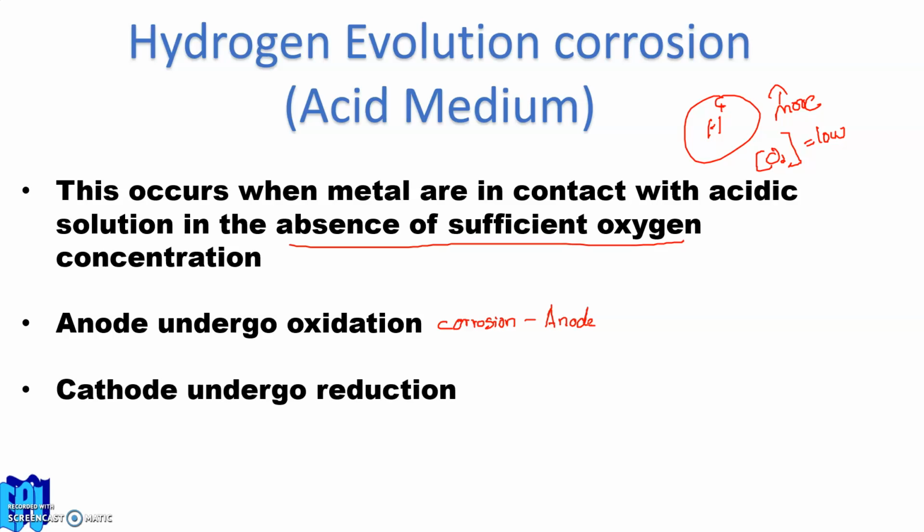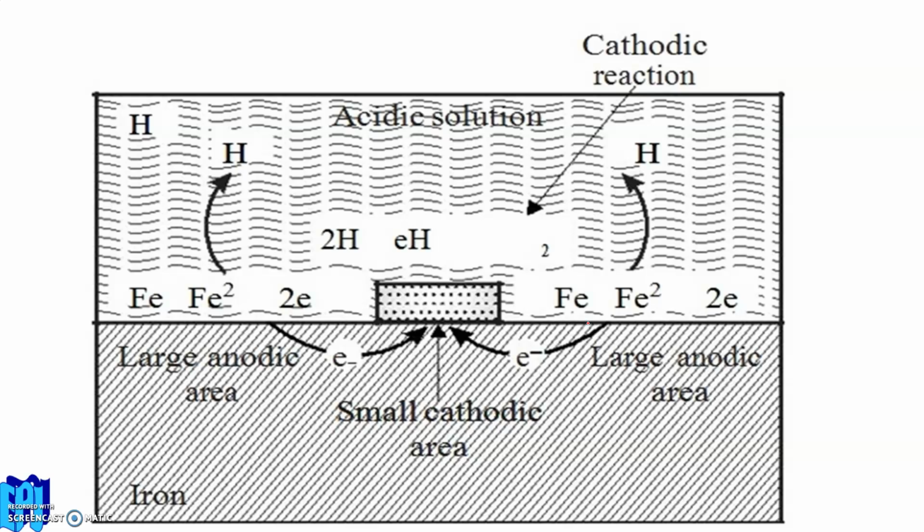We know that. Okay. So this is the pictorial representation, this figure, for explaining the process of hydrogen evolution corrosion in acidic medium in detail. I think it's clear that this line is the border line.